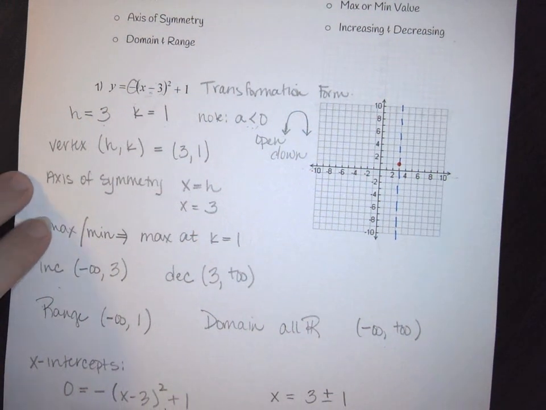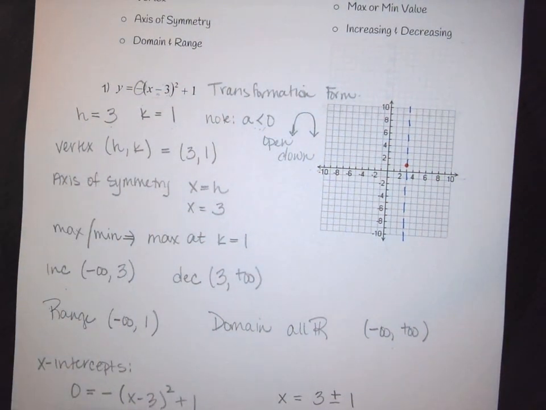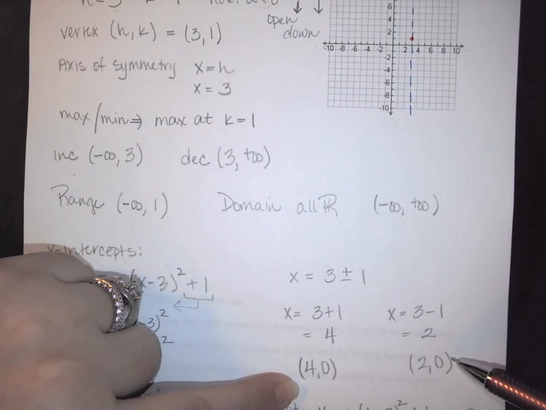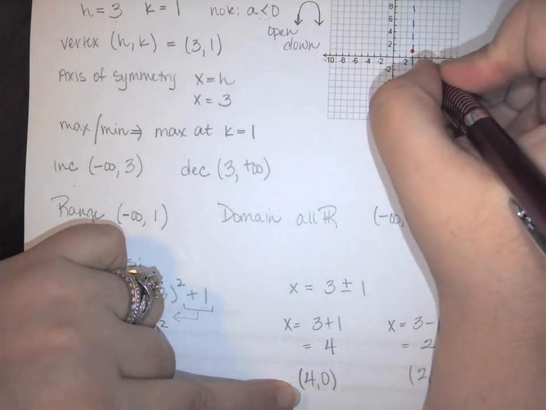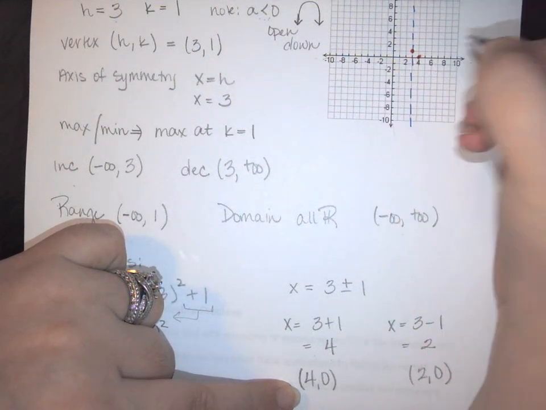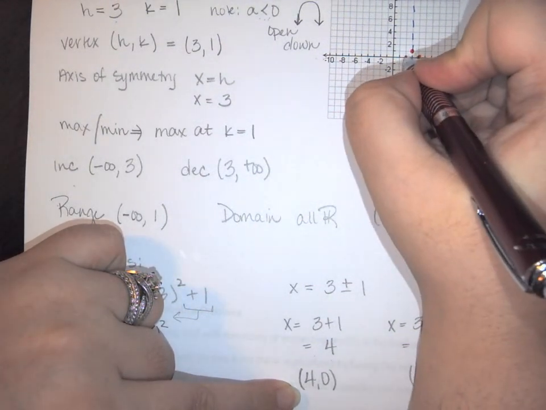Once you do that, the other thing I would do is graph my x-intercepts for sure. I know that I have the point (4, 0), so that one goes here, and I have the point (2, 0).